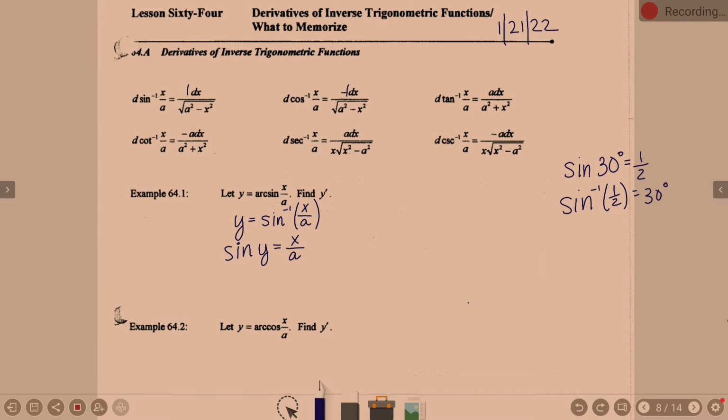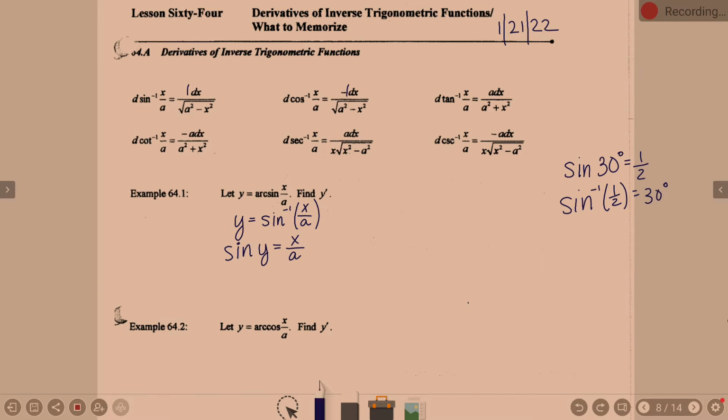Now, as we look at this, we're trying to find y prime, so let's go ahead and talk about differentiating this.